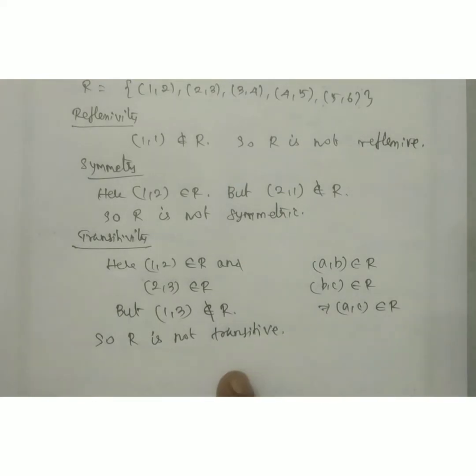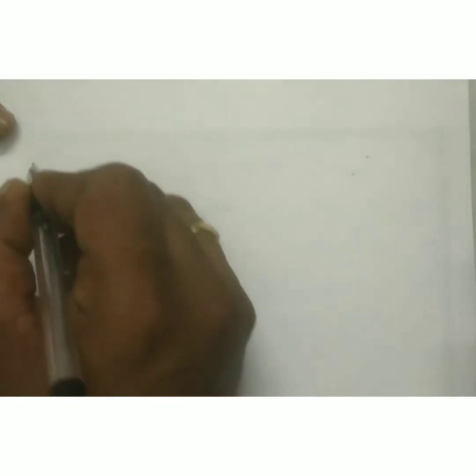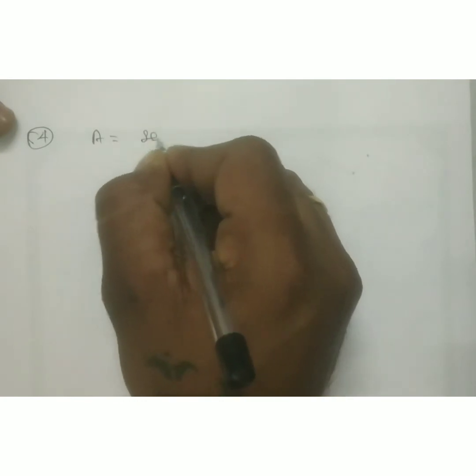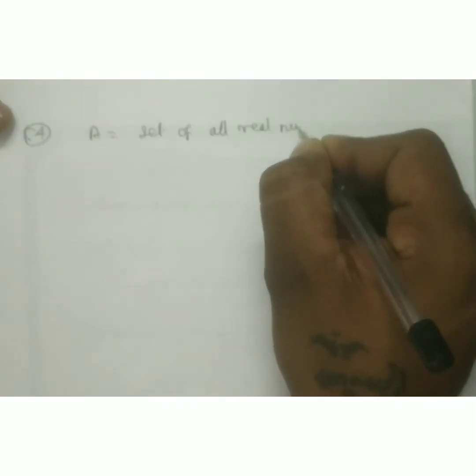So this relation is not reflexive, not symmetric and not transitive. Clear?